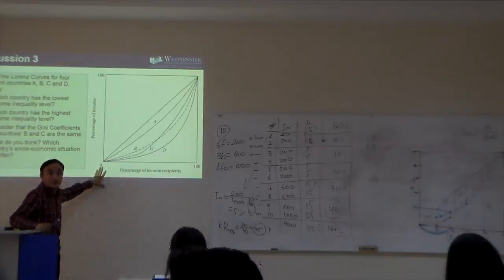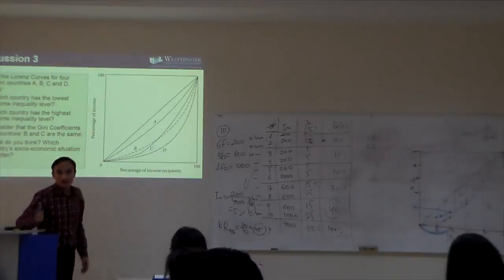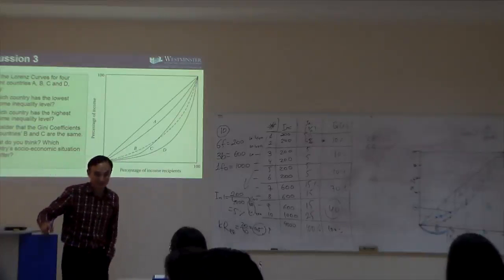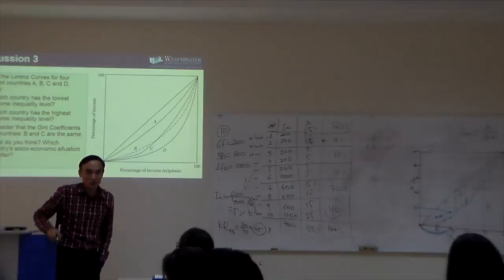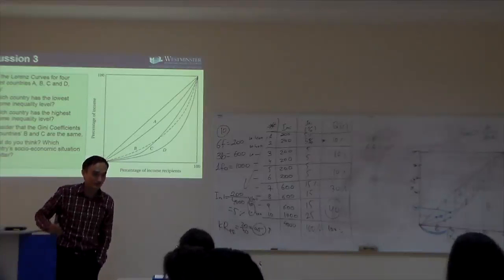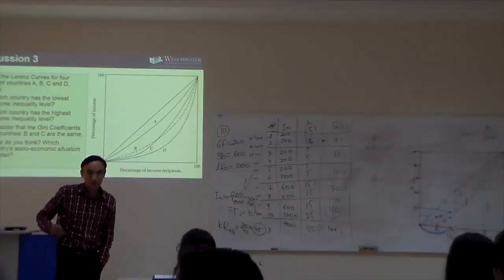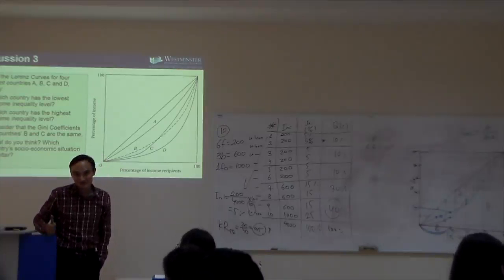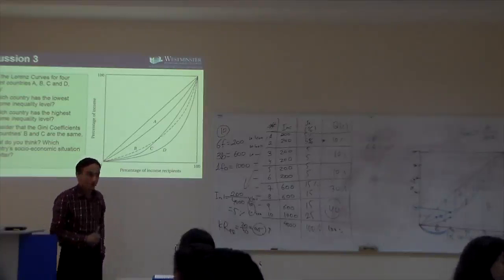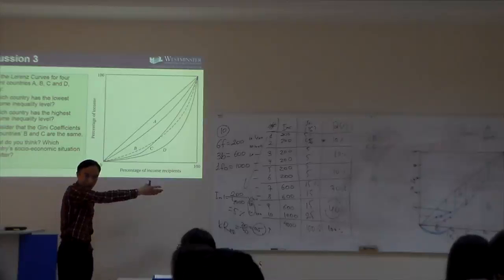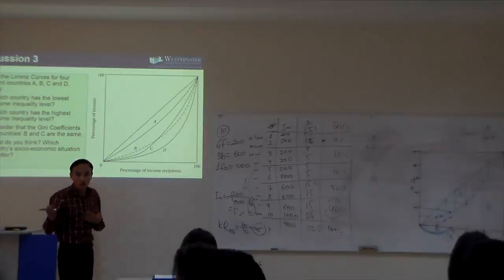B. So the answer is I don't know. The question asks about the socio-economic situation, not just the economic situation. Anyway, the answer is we don't know. It's just opinion, and I already gave you possible answers. Why?